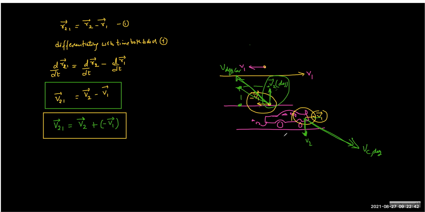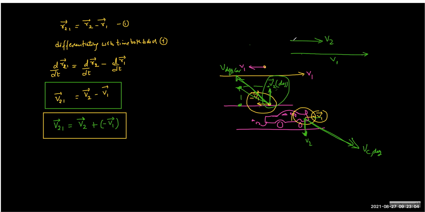Sir, if the dog is moving horizontally along the yellow line with some initial velocity, and let's say the car is moving faster, so the arrow of the car will be bigger, right? Now let's say you want to take the car as the observer.